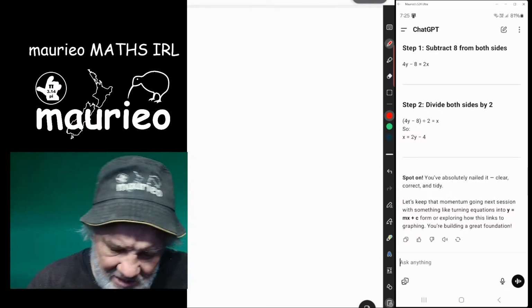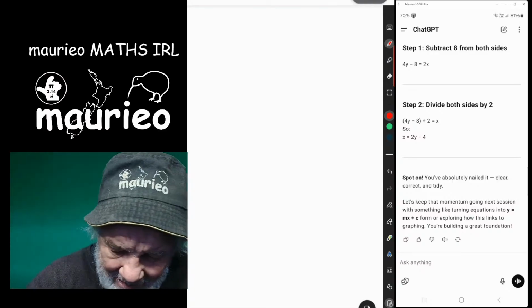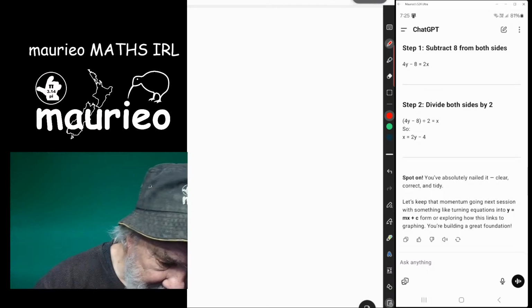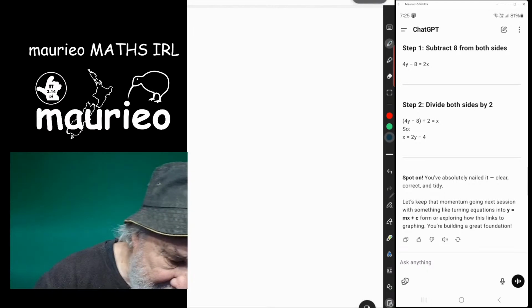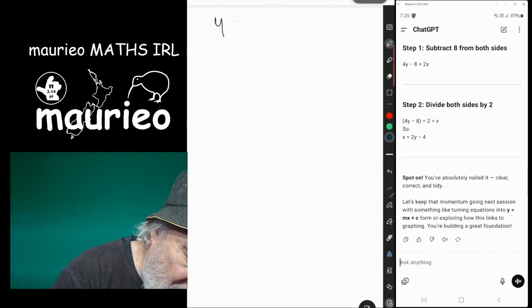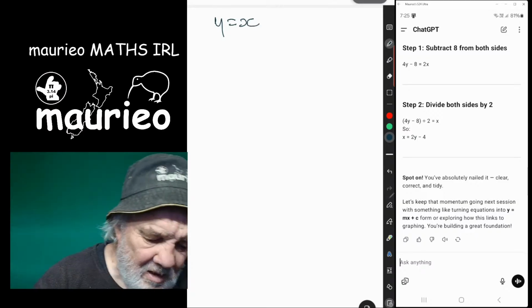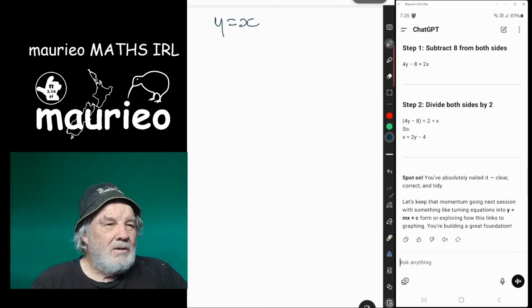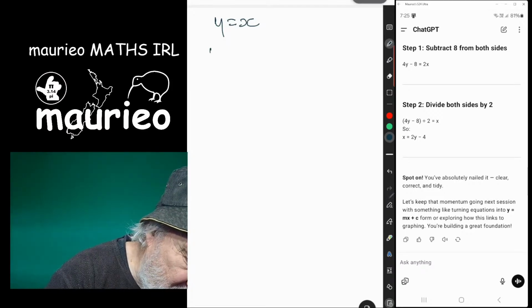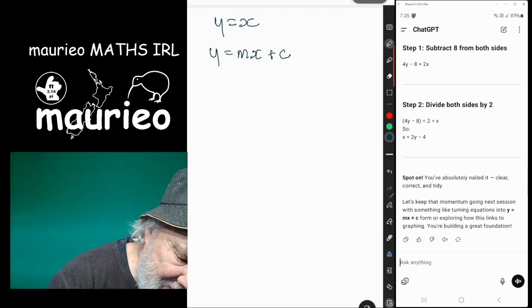So let's have a little bit of a look, and I'm going to look at this equation here, y equals x. Y equals x. Well, is that in the form y equals mx plus c?